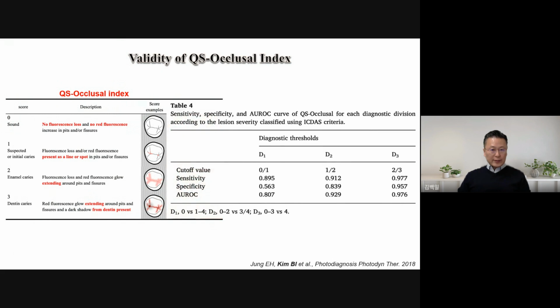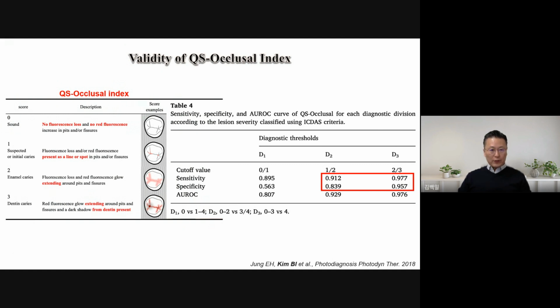The QS occlusal index developed for clinicians was compared with traditional visual inspection, such as ICDAS, and showed high validity with both sensitivity and specificity exceeding 0.9.